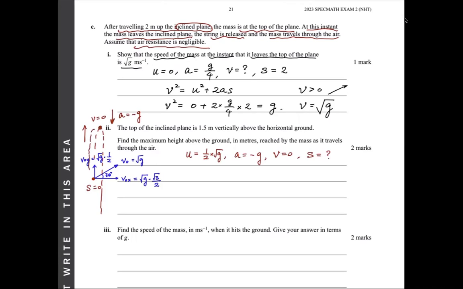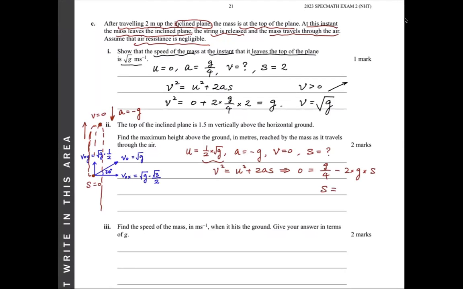So we try to figure out this displacement here and then add 1.5 to get the maximum height, okay? So basically we can say, all right, it's still v squared equals u squared plus 2as. That means 0 equals g over 4 when you square this, minus 2 times g times s. So therefore your s is actually, let's cancel out the g and we will get 1/8, okay?